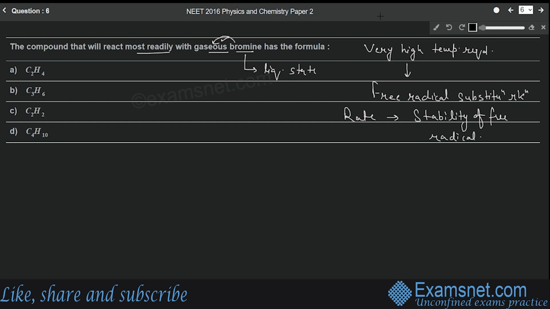Now we know that the most stable free radical or the most reactive free radical is that of benzene. But here benzene is not mentioned. So after that, the most reactive one will be the allylic free radical. Allylic free radicals are very reactive.